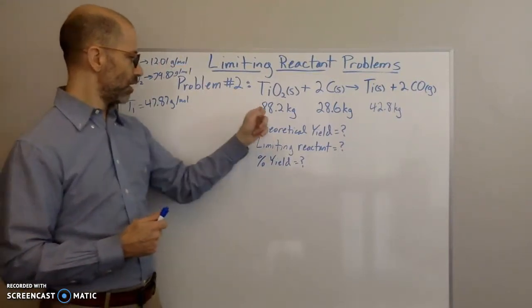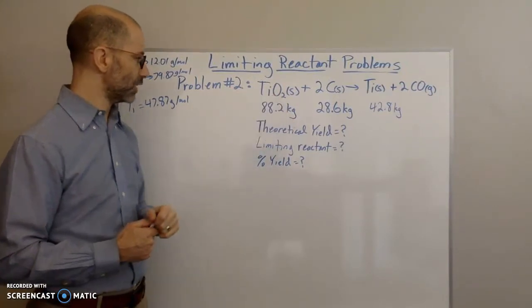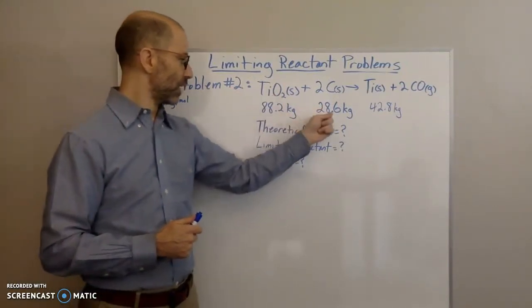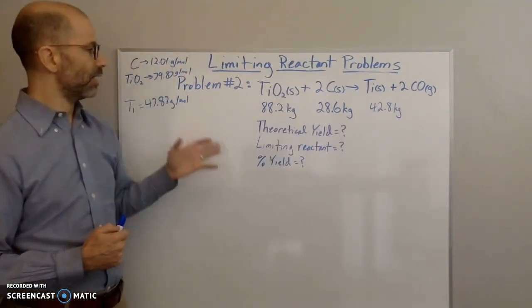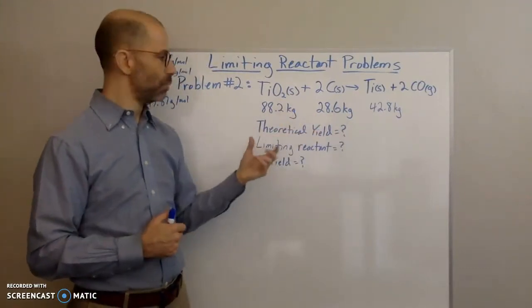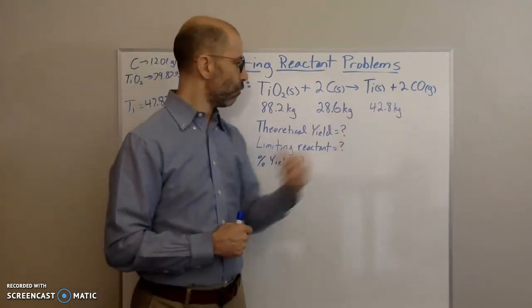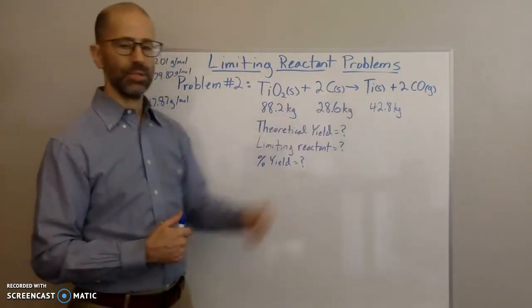They give you 88.2 kilograms of the titanium IV oxide and 28.6 kilograms of carbon. They also tell you that this reaction in the lab produced 42.8 kilograms of the titanium solid.